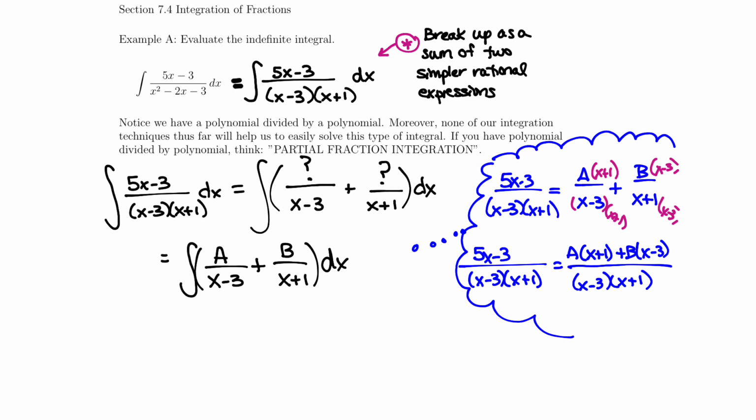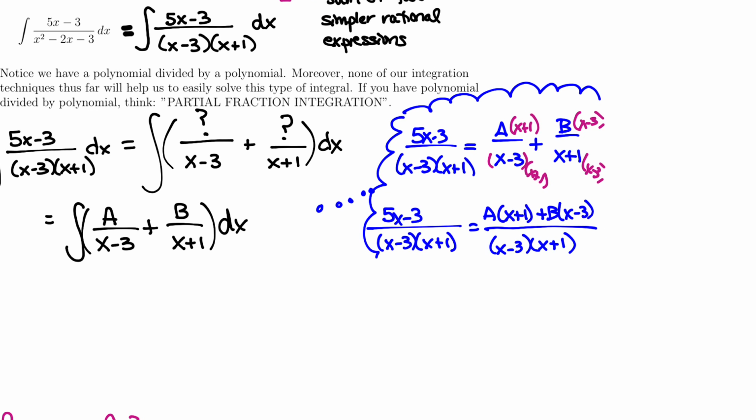Okay, so let's see. Now, at this point, there are a lot of ways to solve this. I want to stop and use my brain. If I have the same denominator, what does that tell me about my numerators? Robert? They have to equal each other, right? I have identical denominators, so my numerators also have to match. That means 5x minus 3 has to be A times x plus 1 plus B times x minus 3.